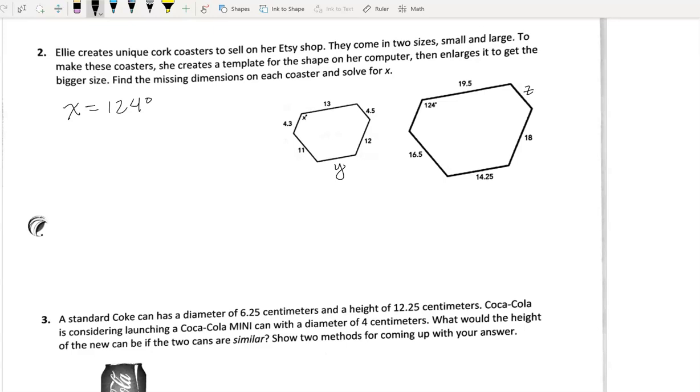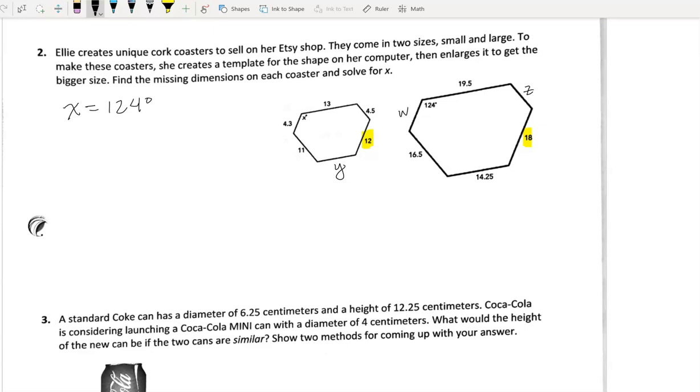The first thing I want to do is find a pair of sides that has numbers on it. There's a bunch of them here: an 11 and a 16.5, a 13 and a 19.5, and a 12 and an 18. I'm going to pick these because they don't have fractions. Oh, and I found one more side that we need to find. We'll give this a w right over there.